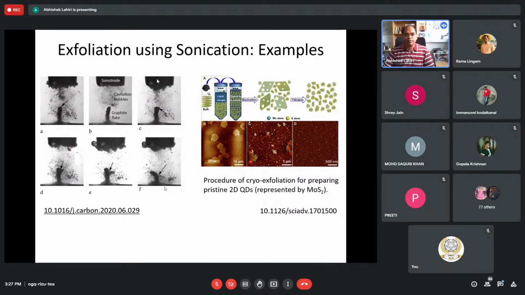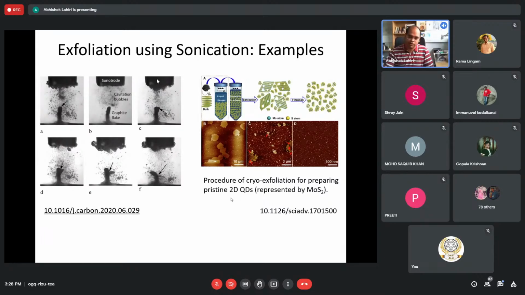I mentioned that temperature is an important factor. Recently it has become extremely important, where they could see that temperature affects the properties of the two-dimensional structure. A particular example was when they tried to develop two-dimensional quantum dots of molybdenum sulfate.